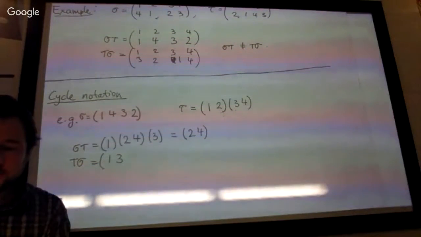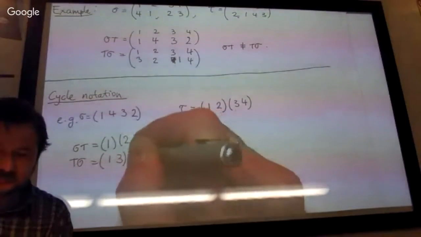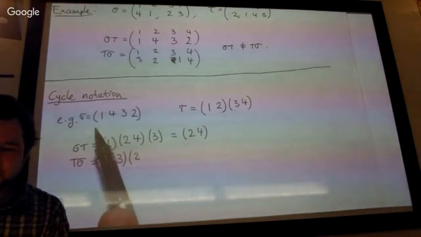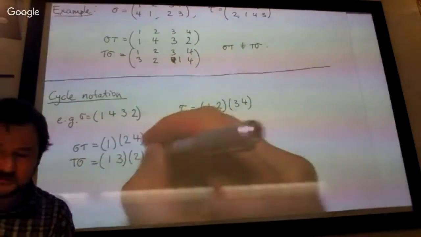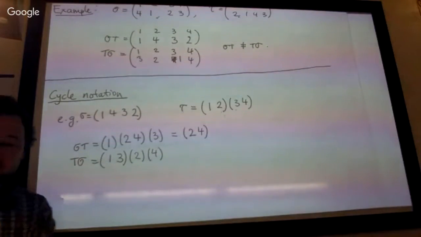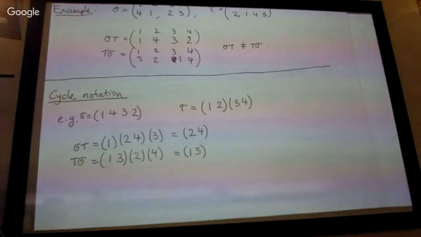What's next? 3 goes to 2, goes to 1. 2. Where does 2 go? What am I doing first? Sigma. 2 goes to 1, goes to 2. And 4, there's nothing else left. So again, you can write it just as (1 3). Okay. That seems simple enough?